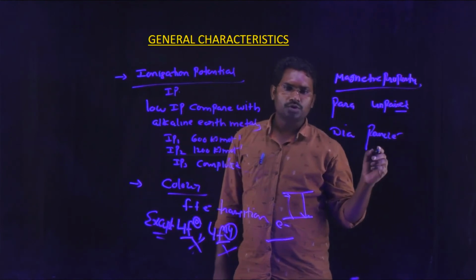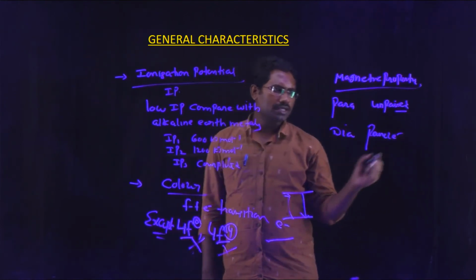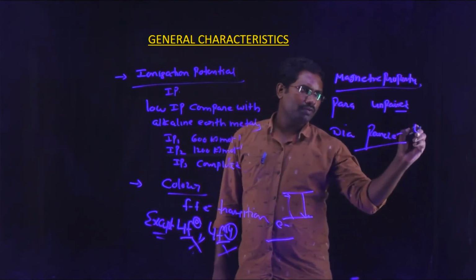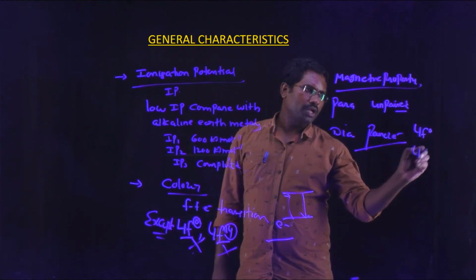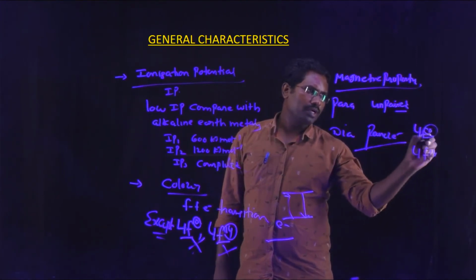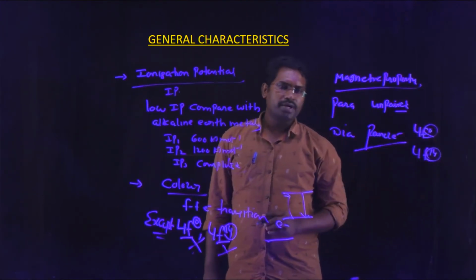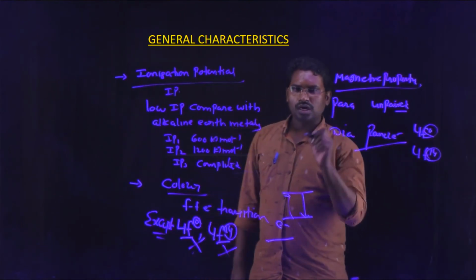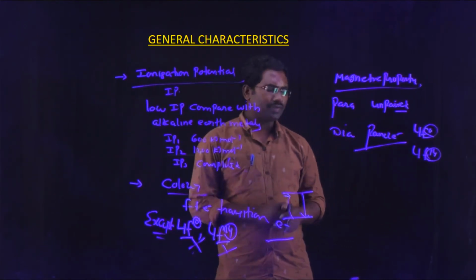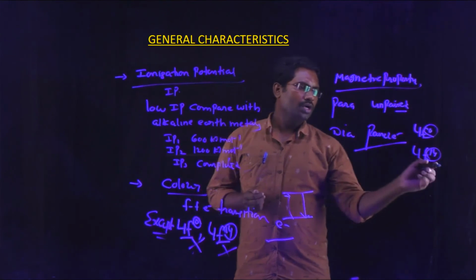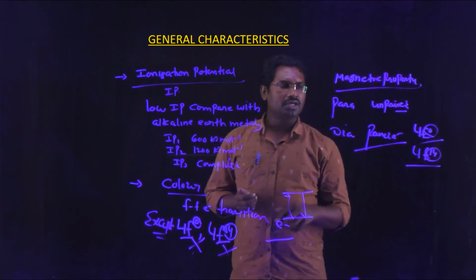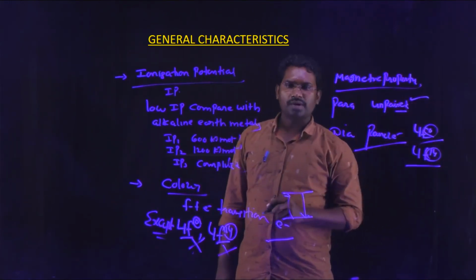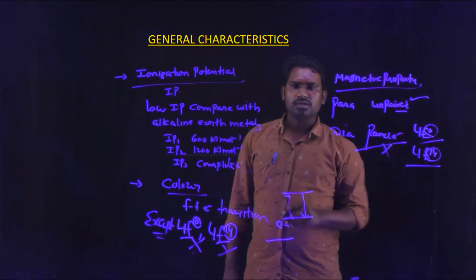Due to the presence of unpaired electrons, they possess paramagnetism, except 4F0 and 4F14, where there is no unpaired electron. So the lanthanide ions having electron configuration other than 4F0 and 4F14 exhibit paramagnetic nature, otherwise they exhibit diamagnetic nature.